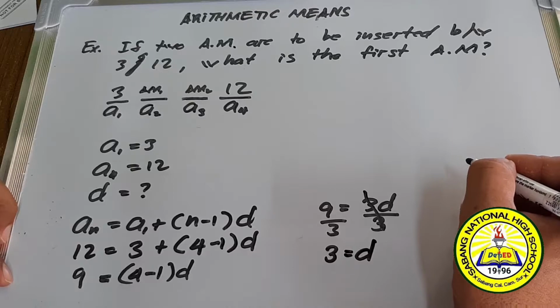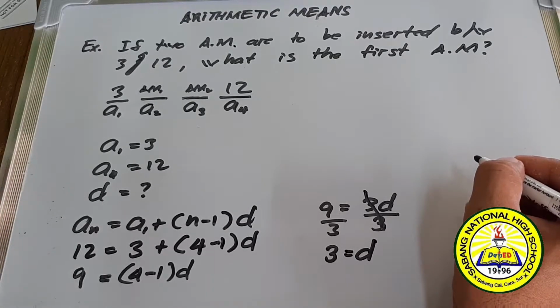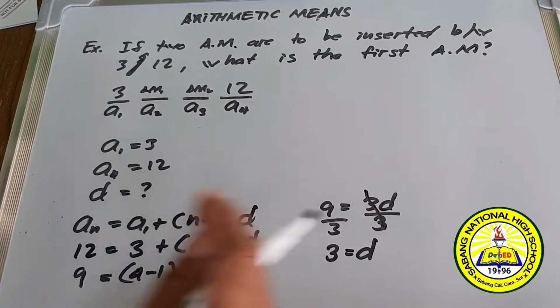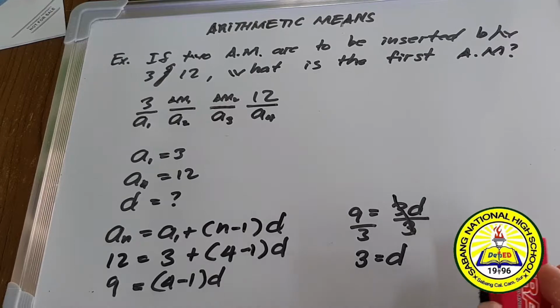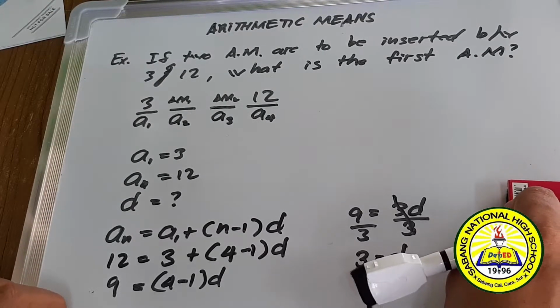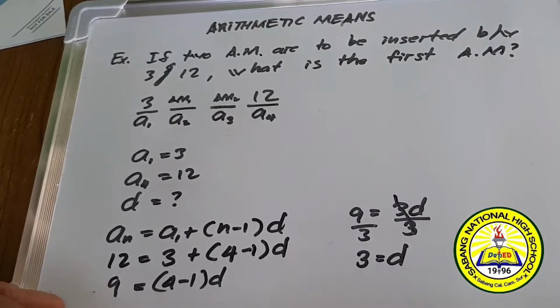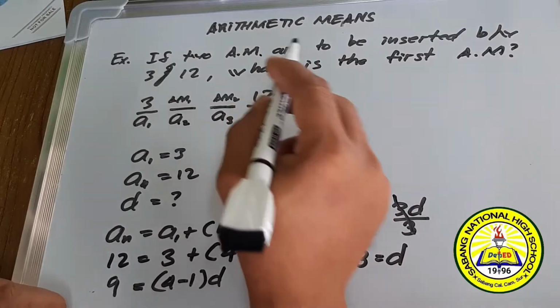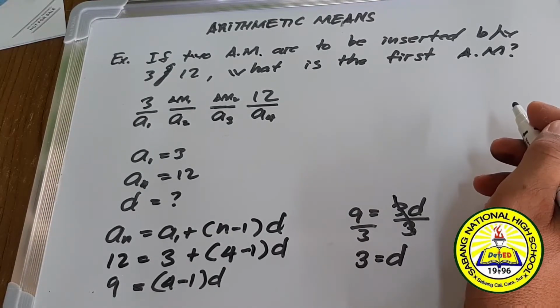Okay, we now have d as the common difference. We can now proceed with the main problem. This is just preparatory. We have just looked for one unknown which is needed for our main problem. Our main problem is the second term. What is the value of the second term, or the same as the first arithmetic mean?